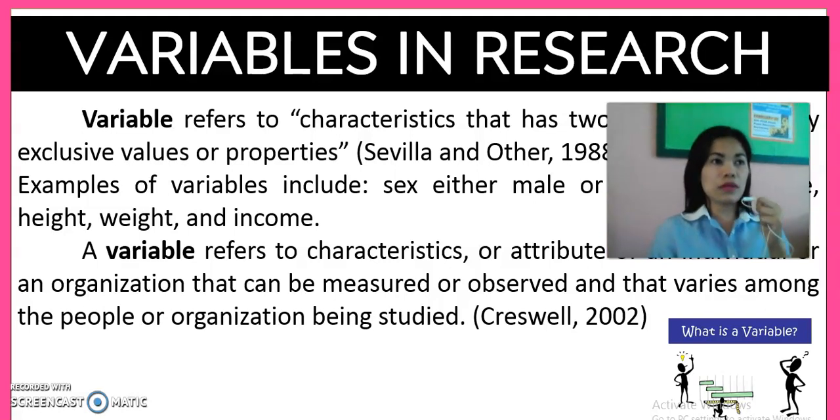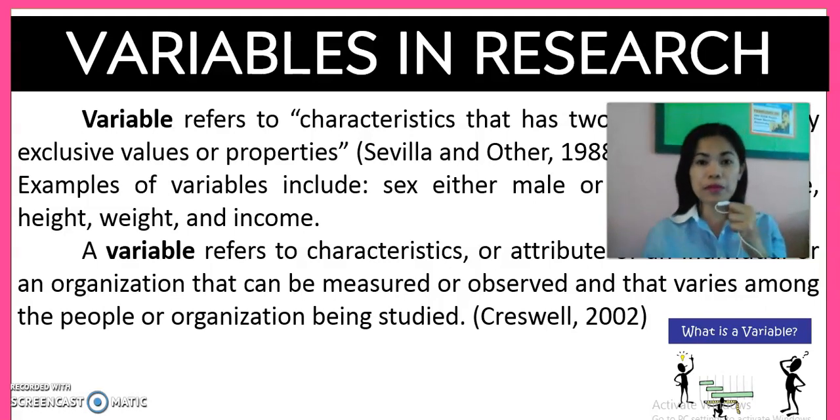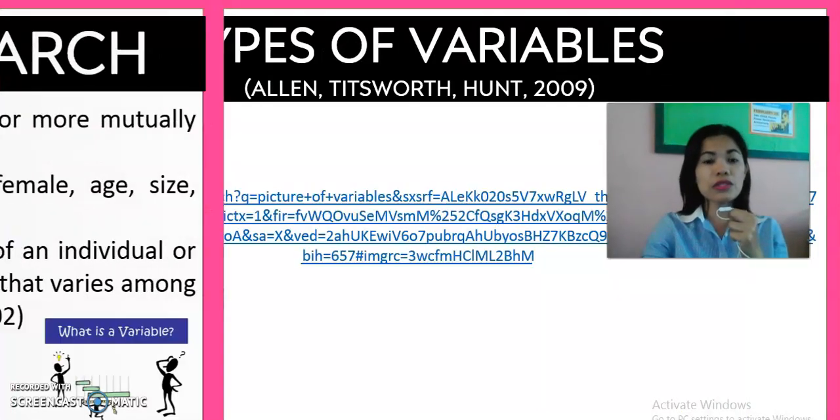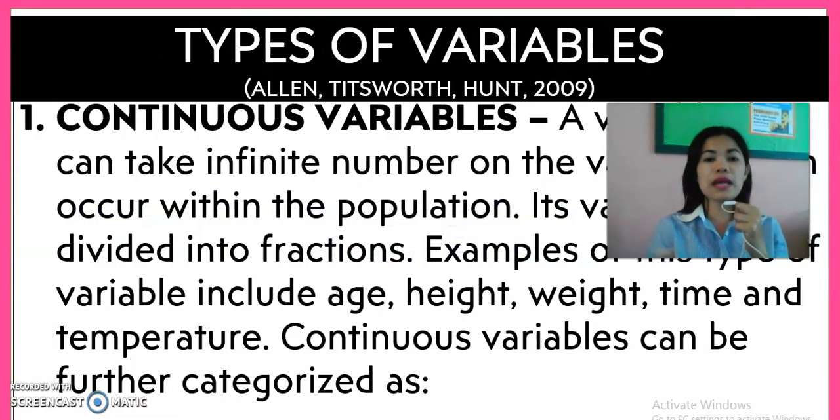Then if you're going to consider also academic performance, make sure that your variables can be measured or observed in an objective manner. Okay, so that is what we call variable, and variable is very important in research. So let's go to the types of variables.